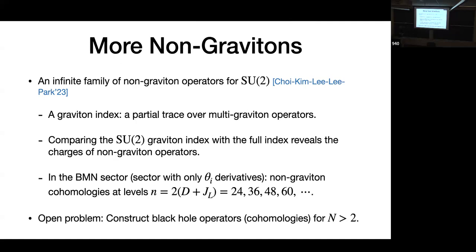So you stop at 19, and it's hard to get to 24? Oh, for computing the index, it's feasible to go up to 24, but constructing the operator is actually hard. I see. Even though we know there are some non-graviton operators there, our computational power is not enough to really nail that down.